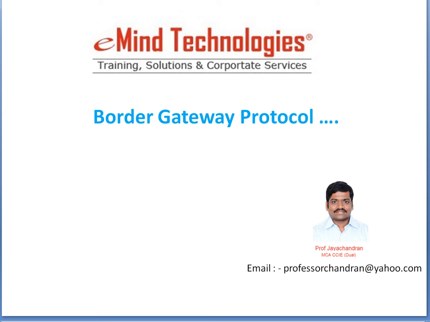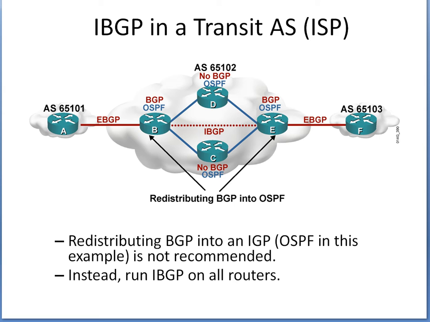Now in the previous video, what we were discussing is IBGP in a transit autonomous system. What is a transit autonomous system? If an autonomous system is in the middle, used by different autonomous systems, meaning A is in one autonomous system and F is in autonomous system 3, in order to go from A to F, from 1 to 3, you use autonomous system 2.